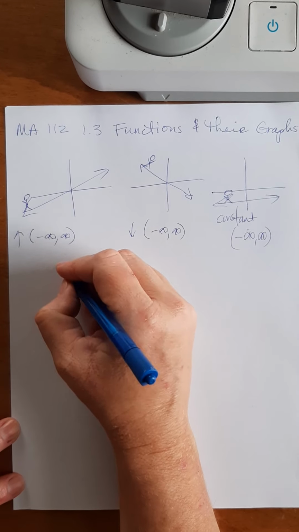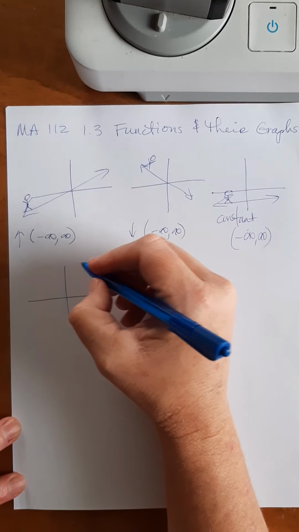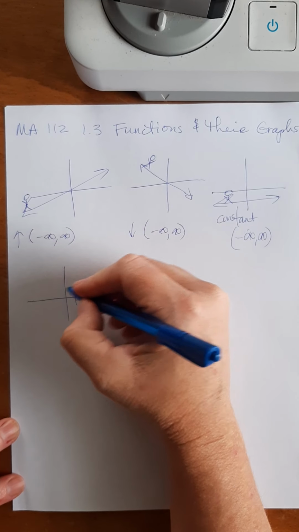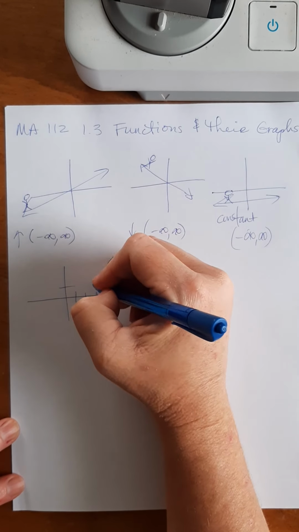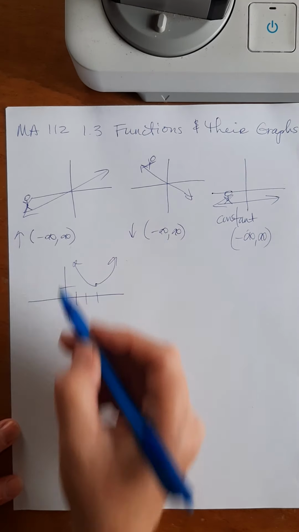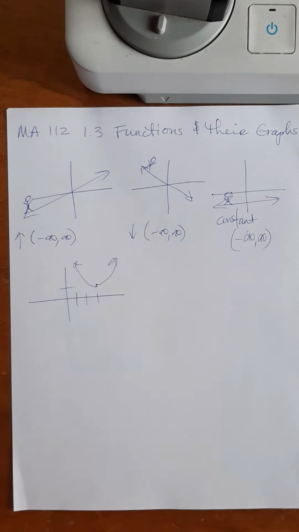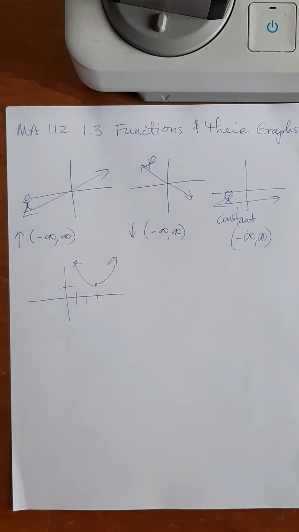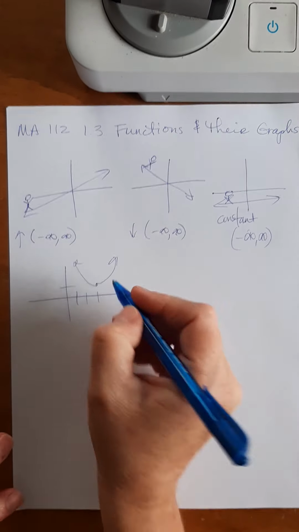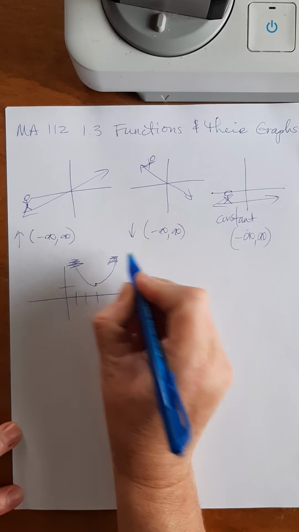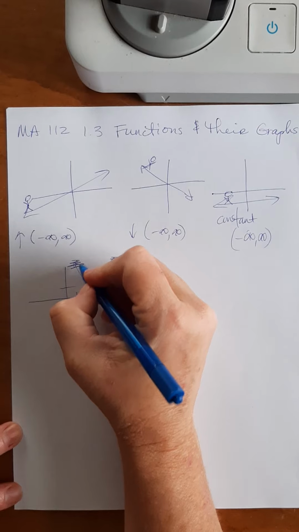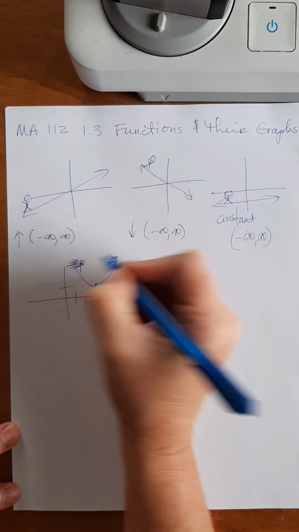Now, most of the time, the graph is not just a line. I just started there. Let's say we've got a parabola. Notice how, with some of the students before, it has confused them when they saw the arrows, because they were like, no, that's increasing. So if you need to, mark out the arrows and just consider your little man.